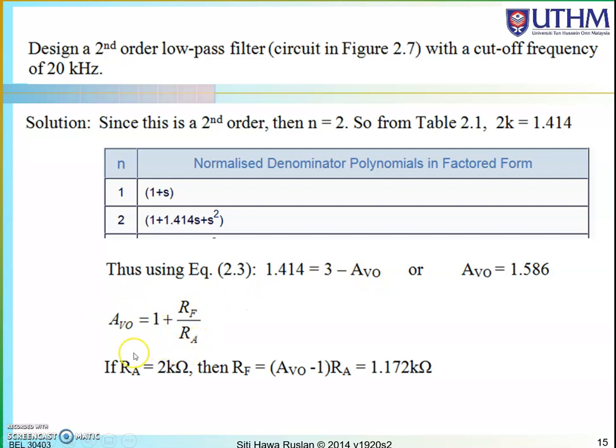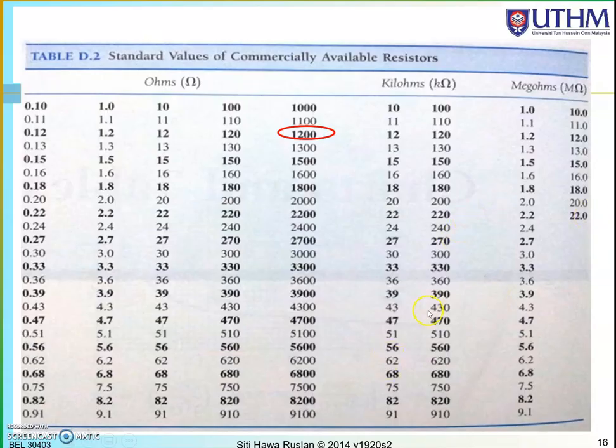Two unknowns, set one value, calculate the other. So you can design your circuit using RF of 1.2 kilo ohm. This is an example of a standard value of commercially available resistor.